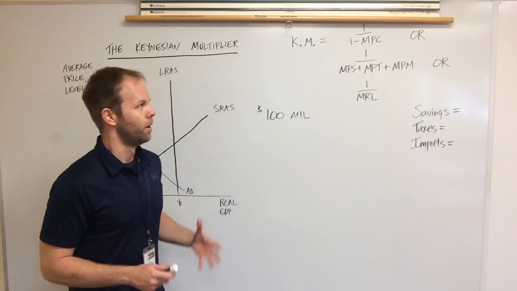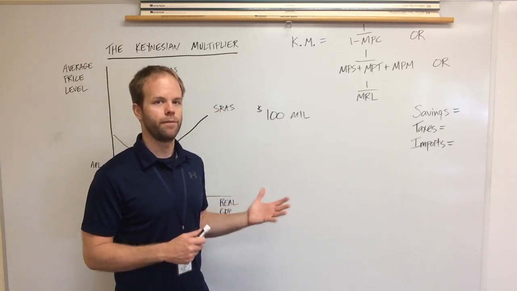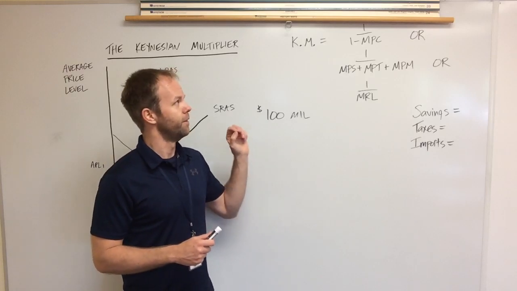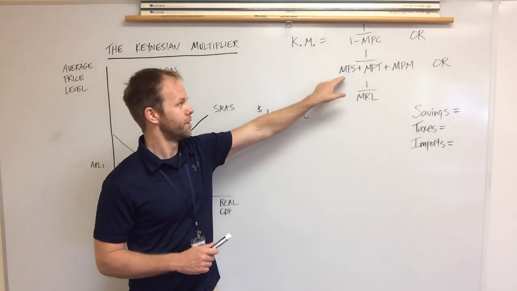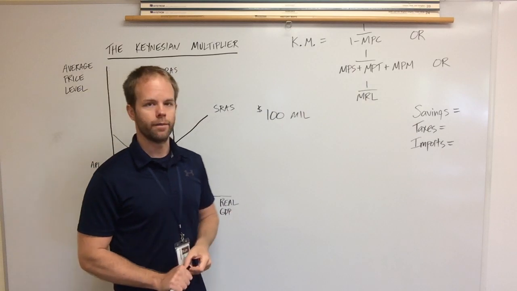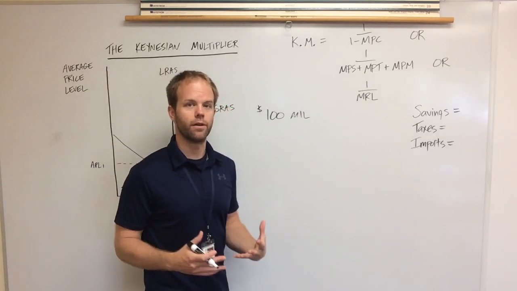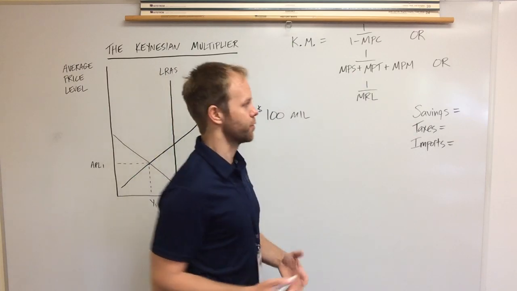Okay? So I'm going to give you some rates and some percentages here, and it should be fairly easy enough to make sense of what this idea of the marginal propensity to consume is, along with the marginal propensity for savings, taxes, and imports. Okay? So let's say an economy, nationally speaking, on average, of all of the household incomes that get earned in 1 year, let's say the savings rate is 10%.